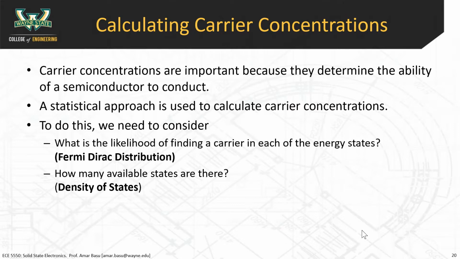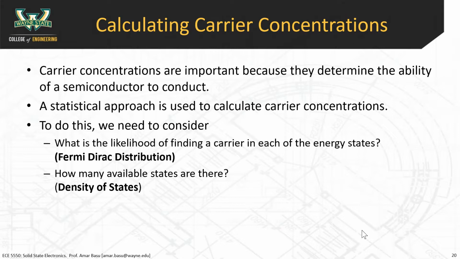So to figure out what the concentration of electrons or holes are, the parking lot analogy is that you're looking for the concentration of cars in a Costco parking lot. The first thing you want to look at is the concentration of parking spaces.